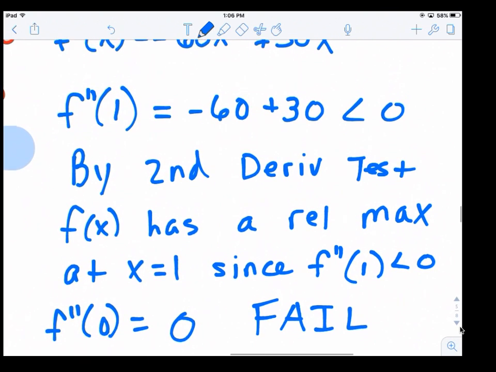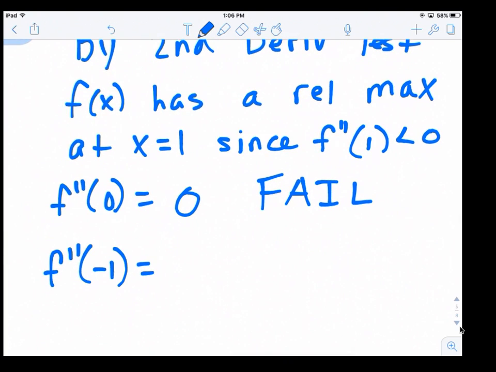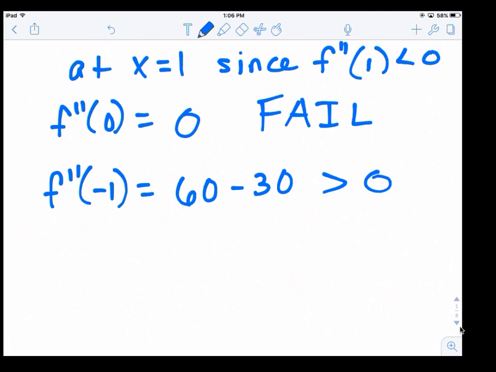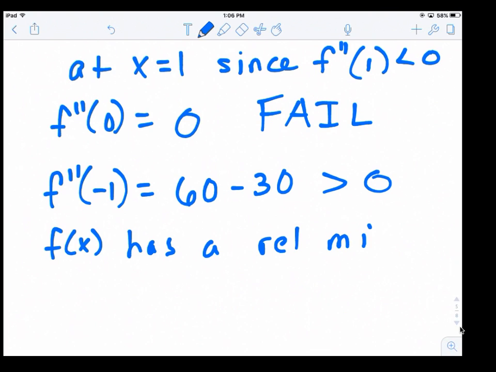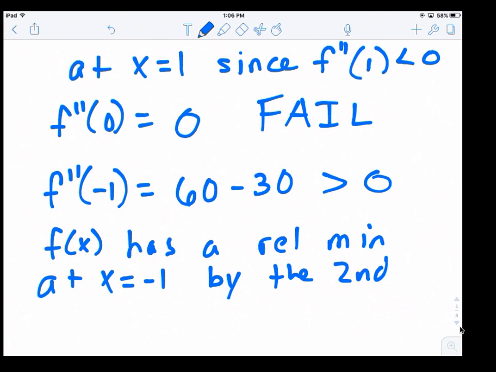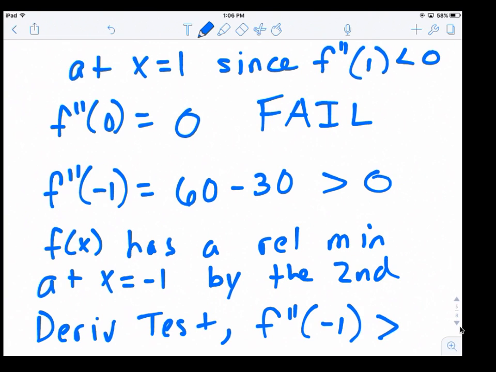Then f double prime of negative 1 would be 60 minus 30, which is greater than 0. So that means that it's concave up, so you have a relative min. So f of x has a relative min at x equals negative 1 by the second derivative test. F double prime of negative 1 is greater than 0.